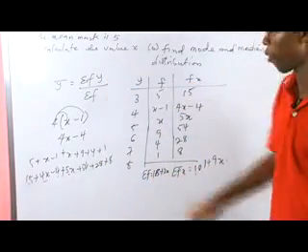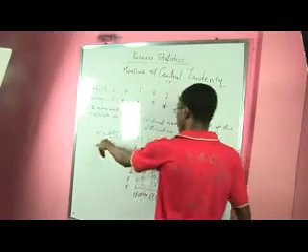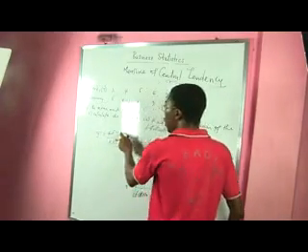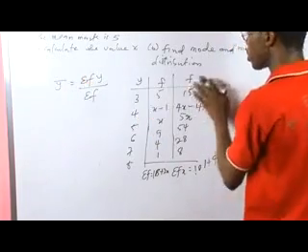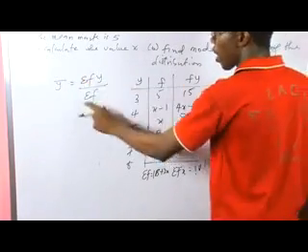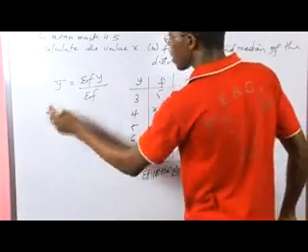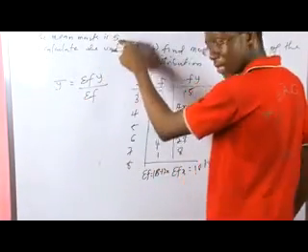Then we now have to go back to the formula where we have our value y, which is summation fy over summation f. You remember that our mean is 5.